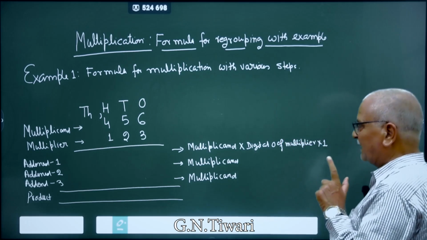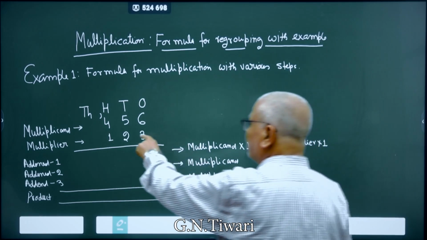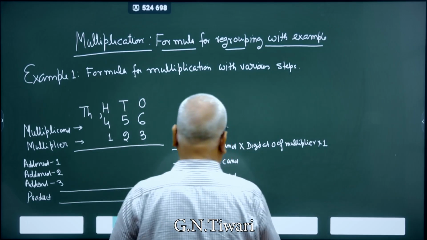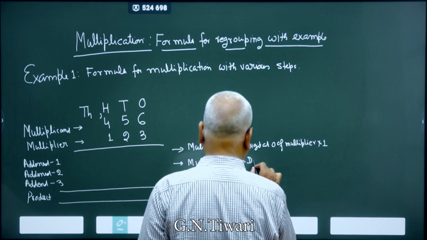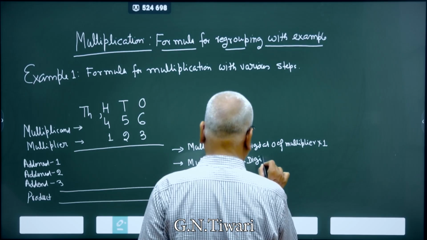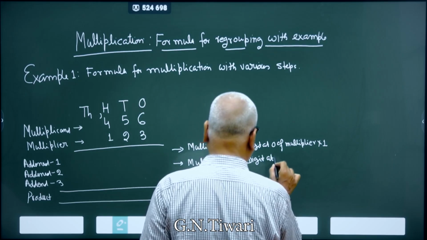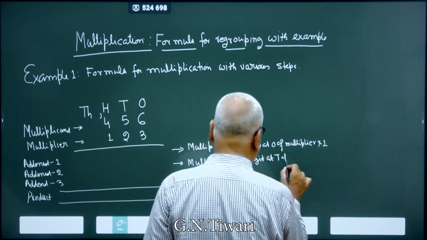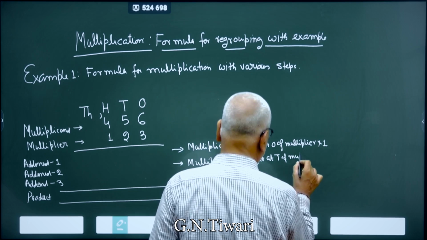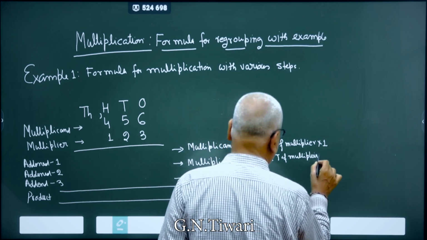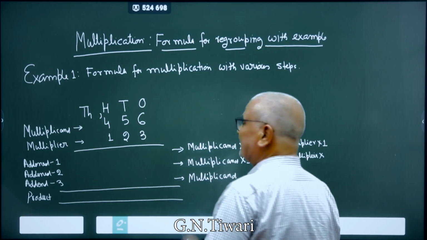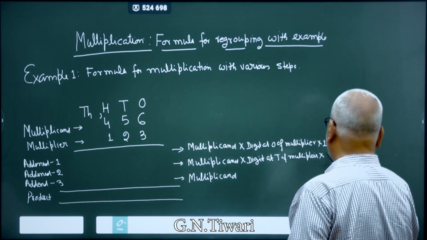Very, very important. Then we have to multiply by 2, which is at the tens. So here you write digit at T of multiplier. And since T means tens, you have to multiply by 10 here.